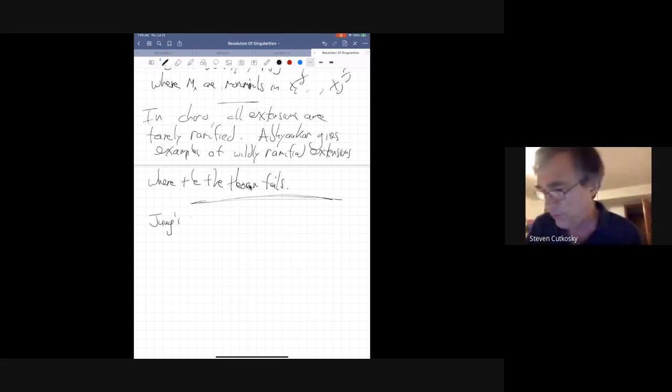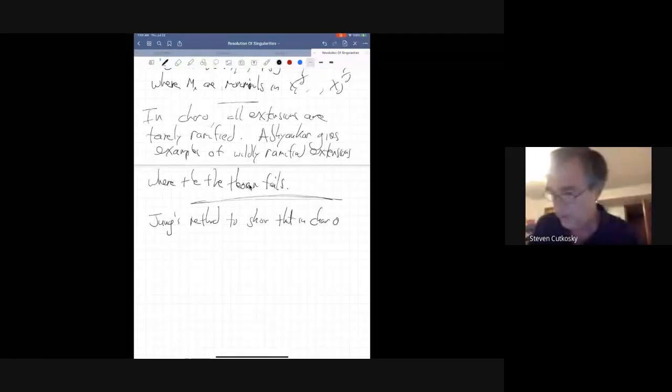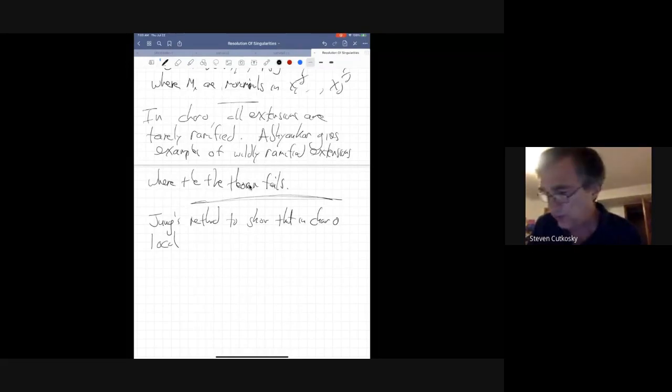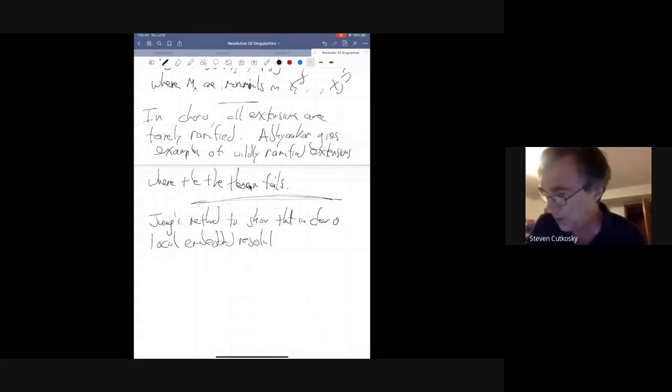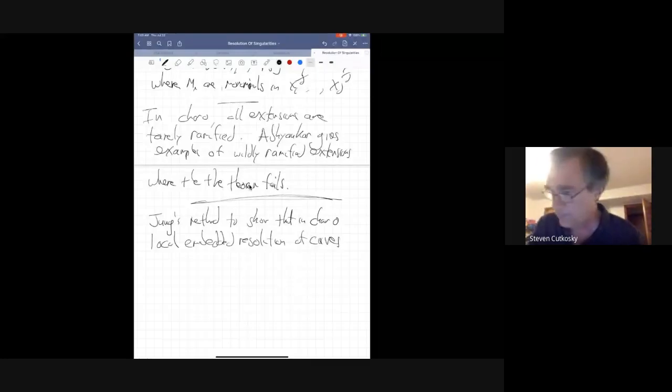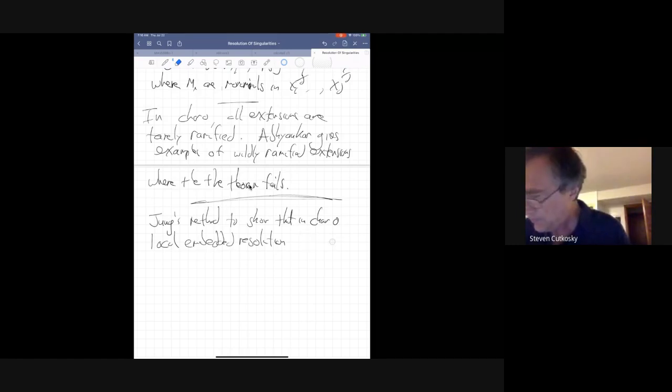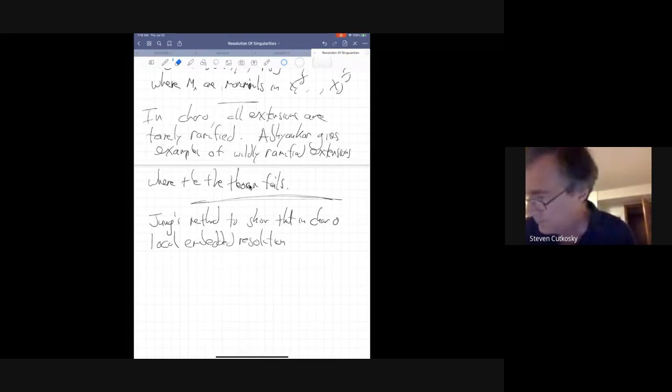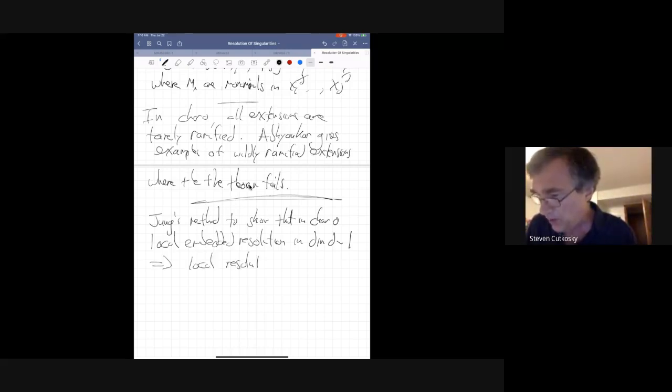This is a very beautiful proof, where Jung's method shows that in characteristic 0, local embedded resolution in dimension d minus 1 implies local resolution in dimension d.